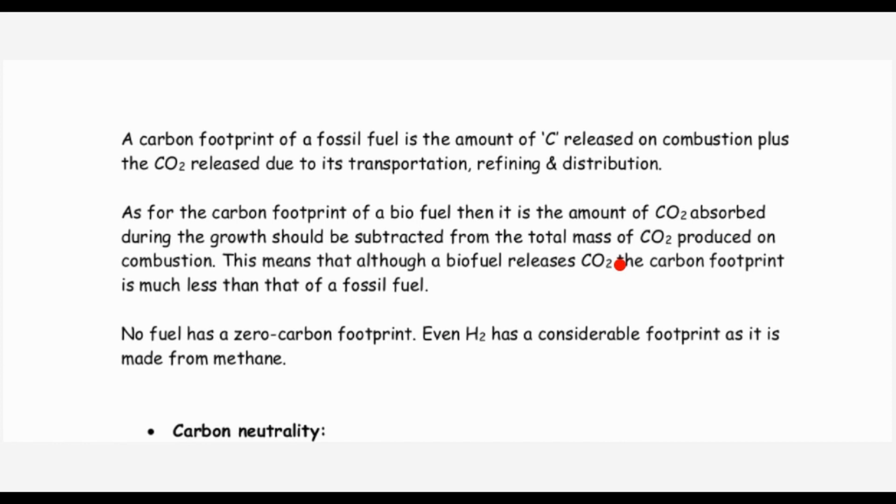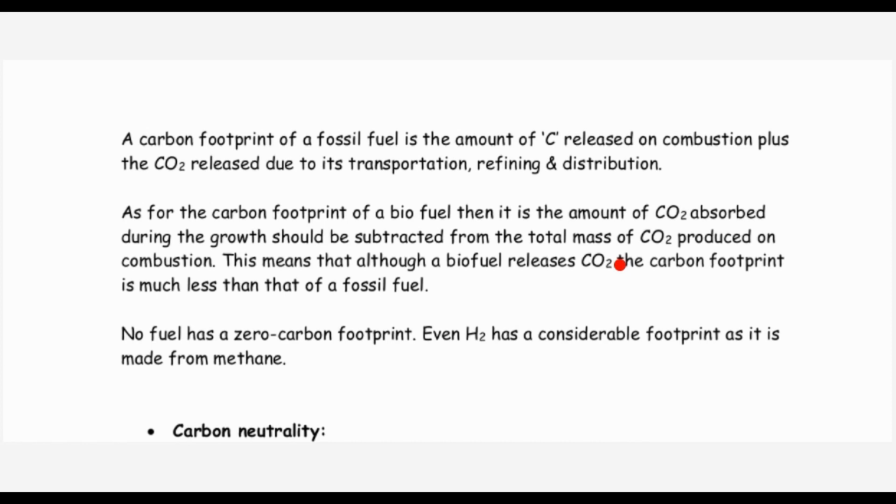So remember, when you calculate the carbon footprint, it's not just the carbon dioxide produced at the point of combustion. It is combustion plus the extraction of the fuel, which has to be counted, because even if you take a fossil fuel, there are so many materials and so much manpower, all of which release carbon dioxide, right?